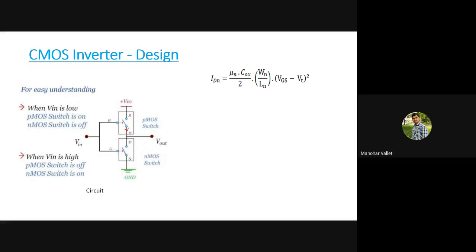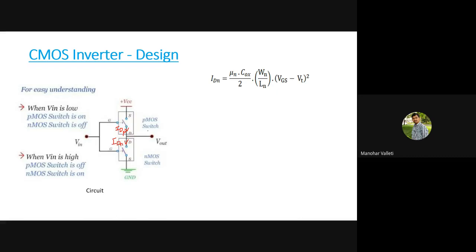This is the drain current of the PMOS. In the same way, this is the drain current of the NMOS, right?